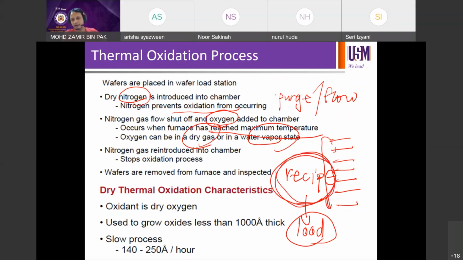This recipe is created by the process engineer, who will validate and test run it before you get to run your mass production. If you want to introduce a new recipe or change the recipe, you have to go to the review board. We normally call it QRB, quality review board, where you need to present your recipe and the quality of the oxide in the test run on test wafers, not mass production yet.